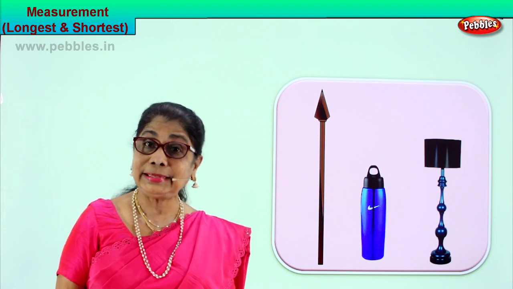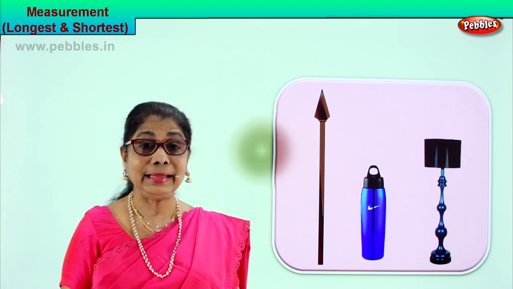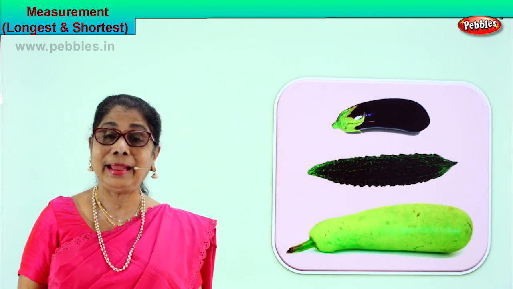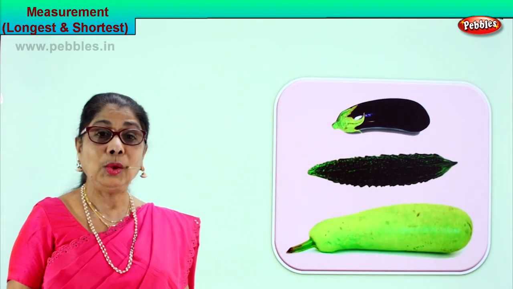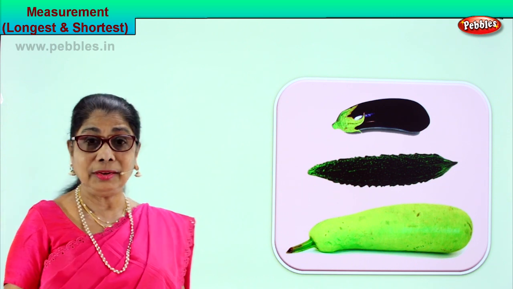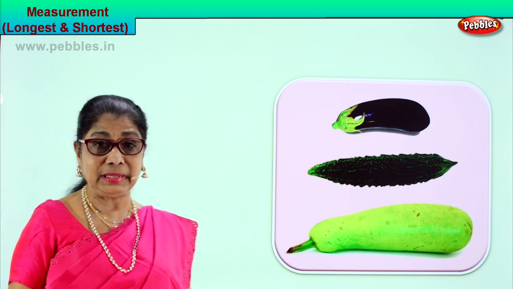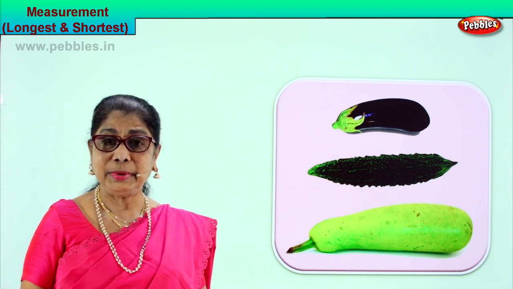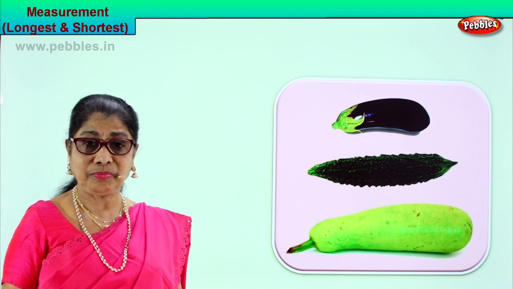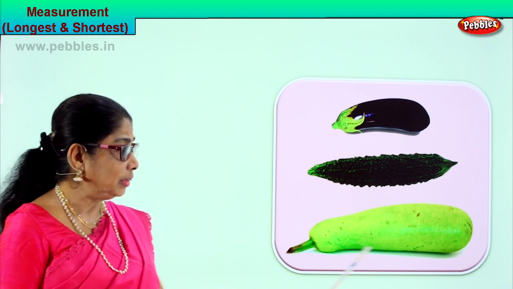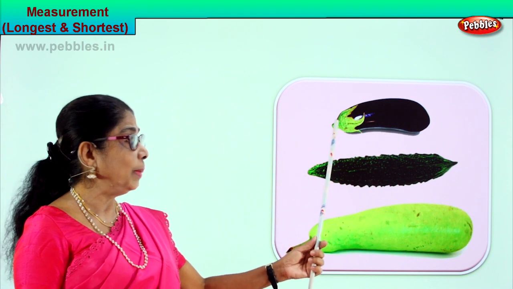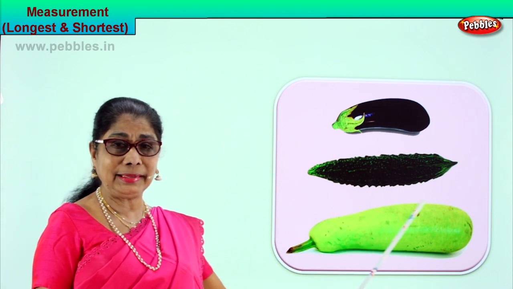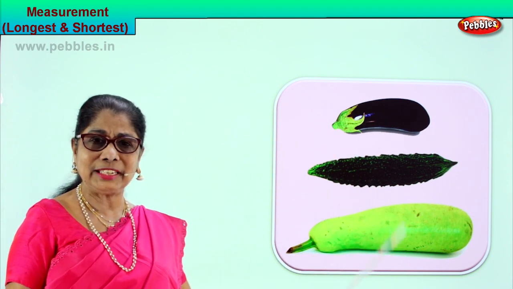Good. Let's take another three items to compare and tell which is the shortest and the longest. You might have seen vegetables in the market, vegetables in mommy's kitchen. Yes, you might have seen long vegetables like this, and you might have seen short vegetables like this. Look, we have three vegetables here.